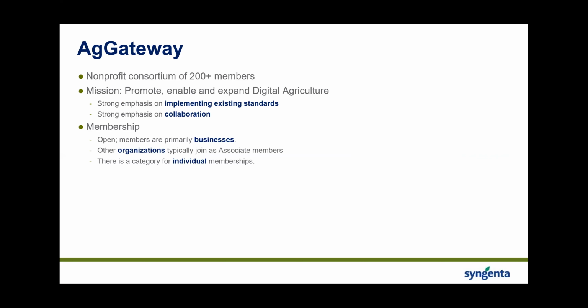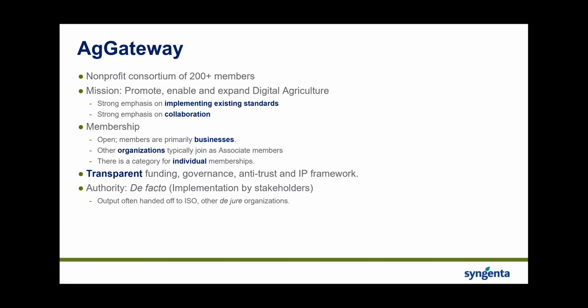Members are primarily businesses, but there are ways to establish associate memberships with other organizations, say like Ag Electronics Foundation, for example, and there's a category for individual memberships. The funding, governance, antitrust, and IP framework are all transparent, which is a big enabler for the companies to be able to interact there.